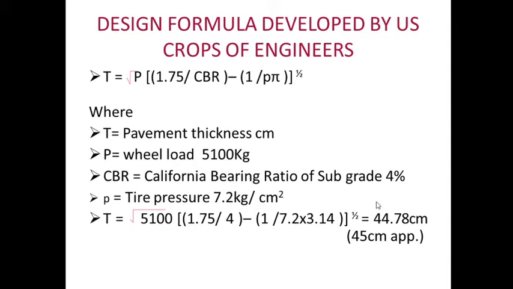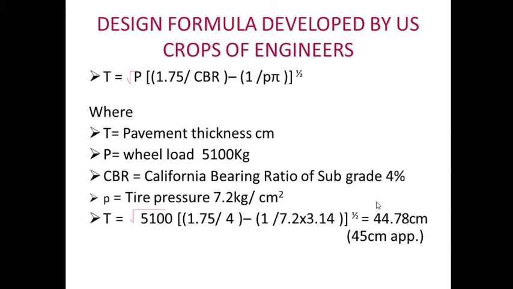Now we can discuss the method developed by the US Corps of Engineers. This is the formula for finding the overall thickness of the pavement, where T equals root of P times (1.7 by CBR minus 1 by P pi) power 1 by 2. T is pavement thickness expressed in centimeters, and capital P is the wheel load, which we consider as 5,100 kg, that is heavy traffic.